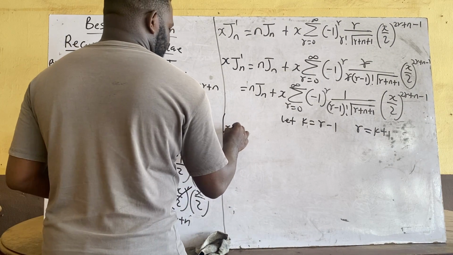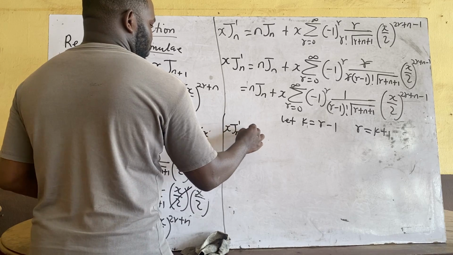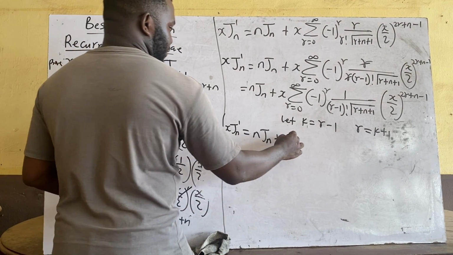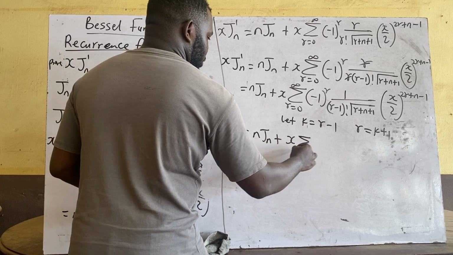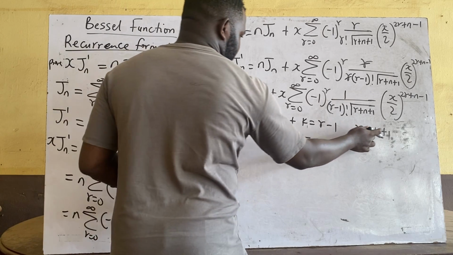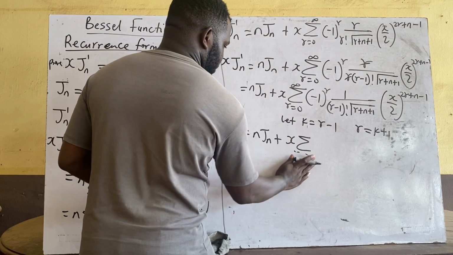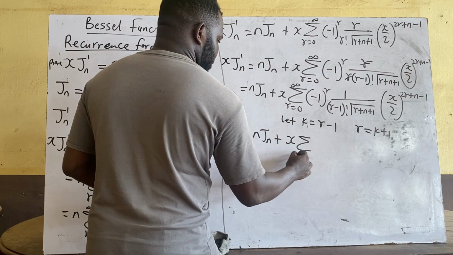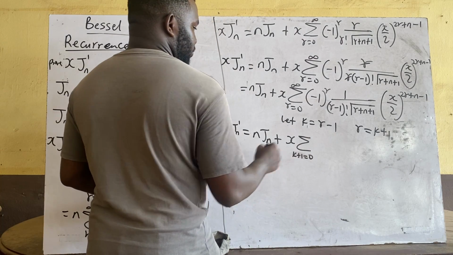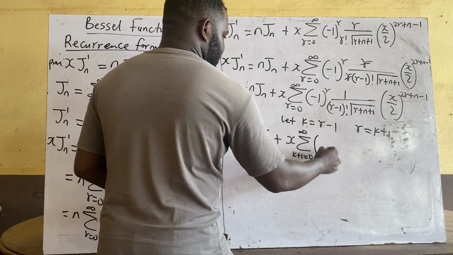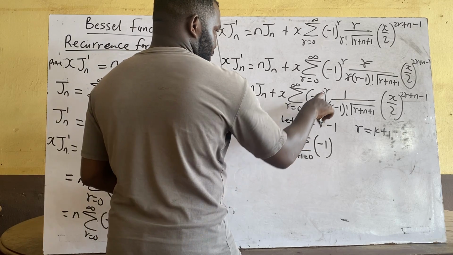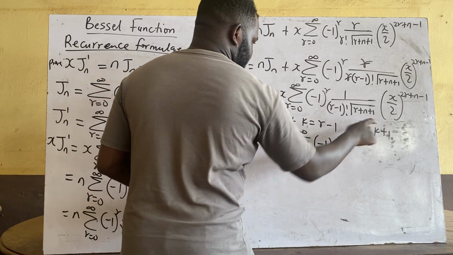So this x J_n prime will now be n J_n plus x, the summation, with r being k plus 1, starting from 0 to infinity of minus 1 raised to power k plus 1. This is my r, so r is k plus 1.